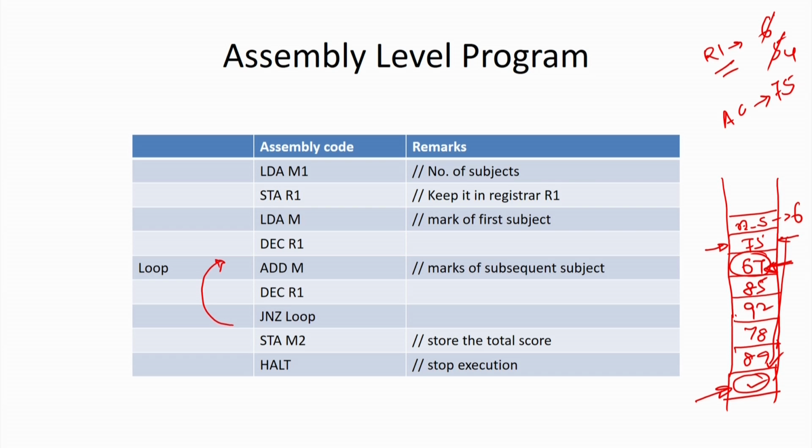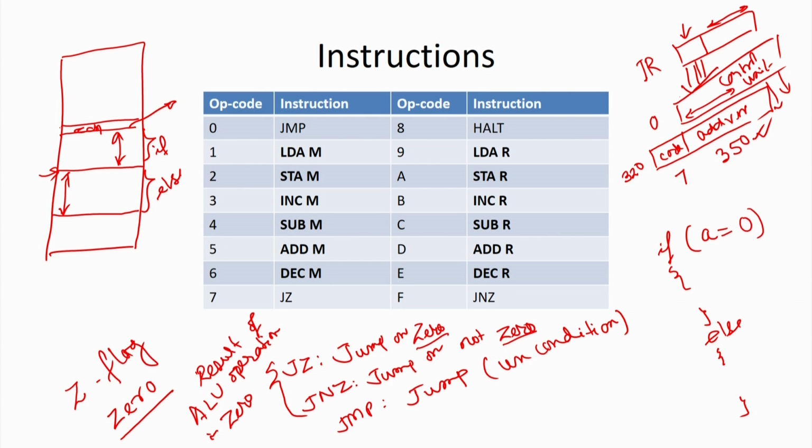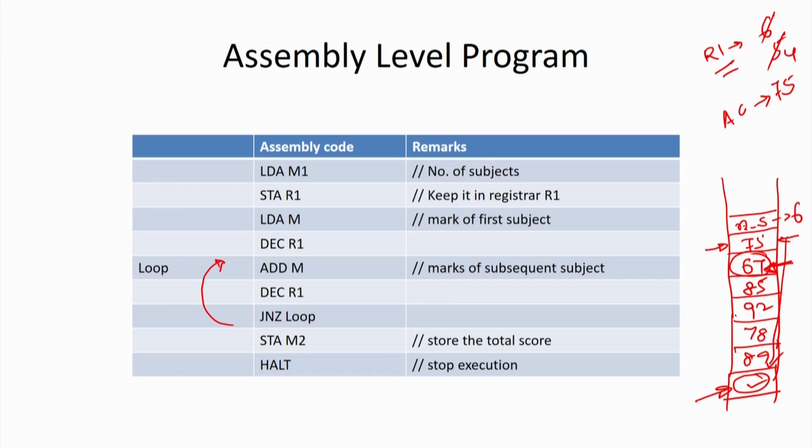Now, this program cannot be written for the processor that we are discussing and for the instruction set we have, because here I am talking about add m. We are talking about a memory location. When we go back the next time, we have to go to the next memory location, but in this instruction set we do not have any provision to manipulate this particular address m.